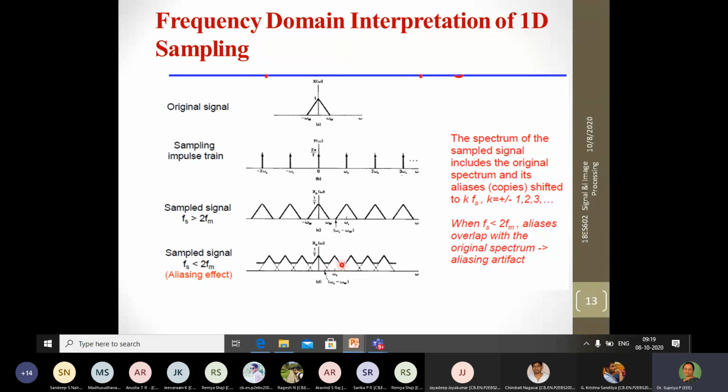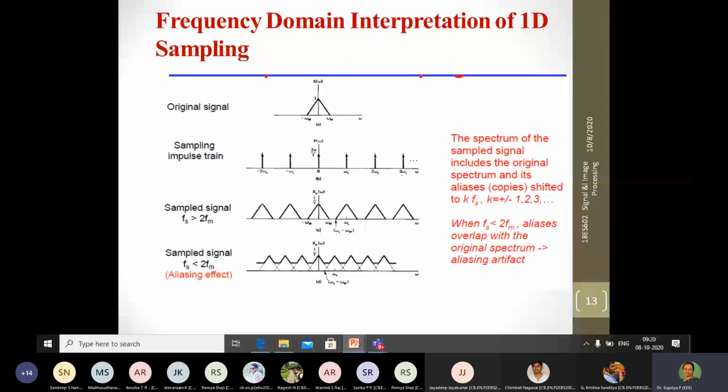Similarly, the ending of this 75 signal would be at 75 plus 50, which means it is at 125. Again, we have another signal here, which is going to be at 150. So at 150, when we see the signal, it will again extend here.